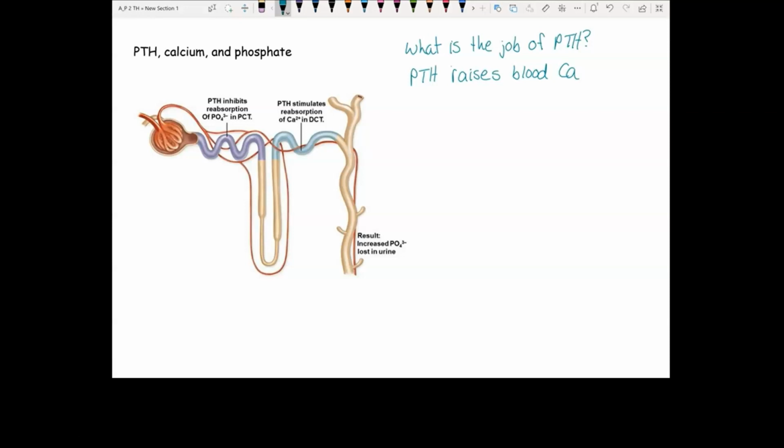You know that calcium enters your bones. Remember, we talked about bones being the bank of calcium. But if you recall, calcium doesn't enter your bone alone. It has a partner.